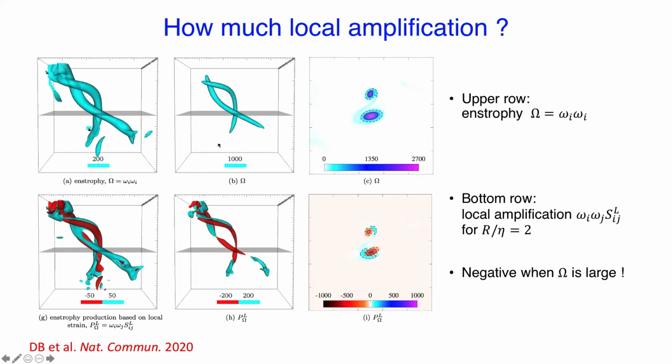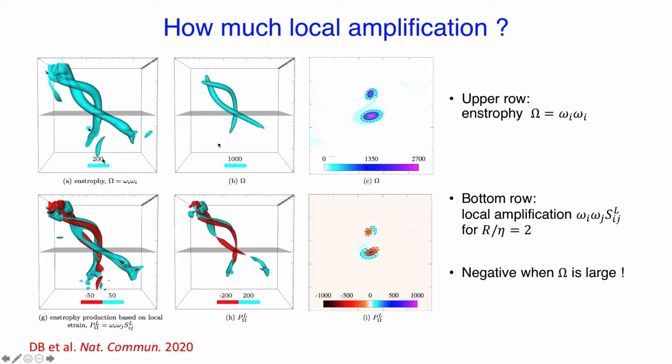And this is a cross section at the midplane, which shows the variation of the entropy across the tube. And in the bottom row, corresponding to these events, what I've plotted is the local contribution, the nonlinear amplification term from the local strain.